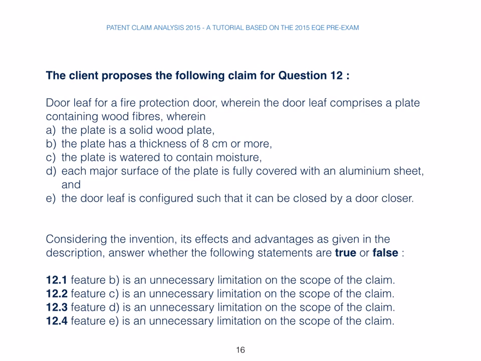And statement 12.4: feature E, the configuration of the door leaf for closing by a door closer, is an unnecessary limitation on the scope of the claim.